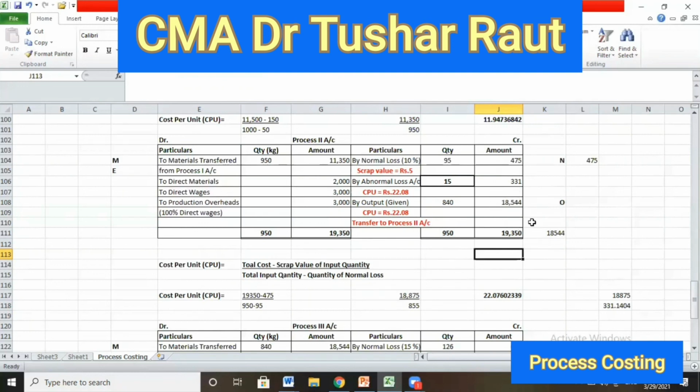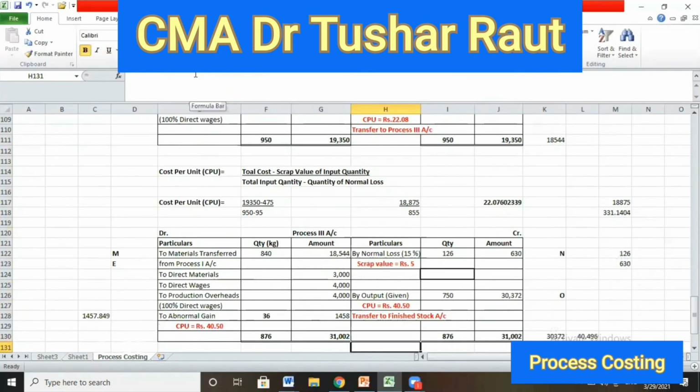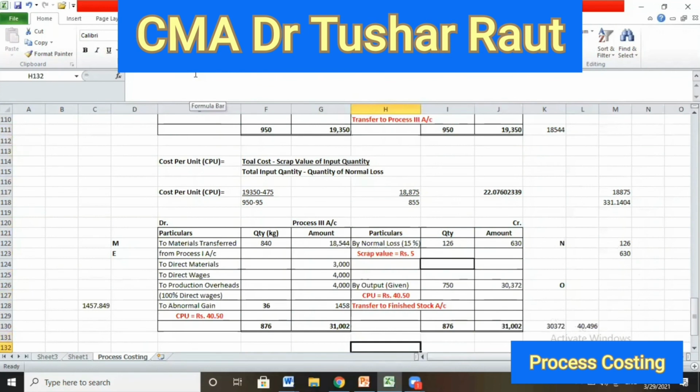Afterwards, the balancing amount is your output for process 2 account, and that will be transferred to process 3 account. This needs to be mentioned, that the output of the first process will be input for the second process, and the same thing is followed from the second process to the third process.